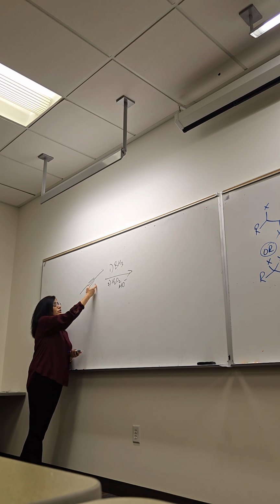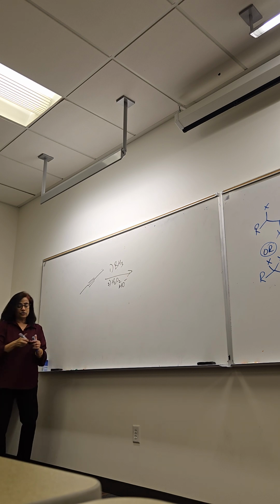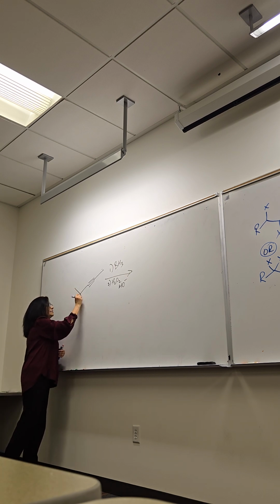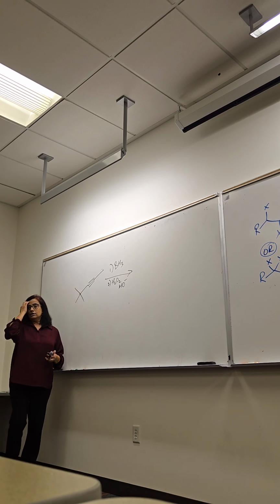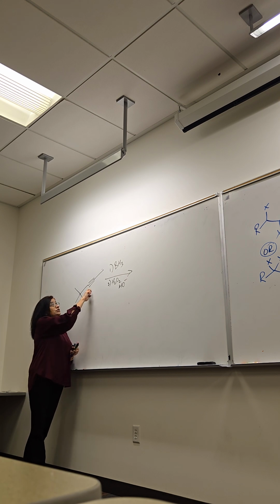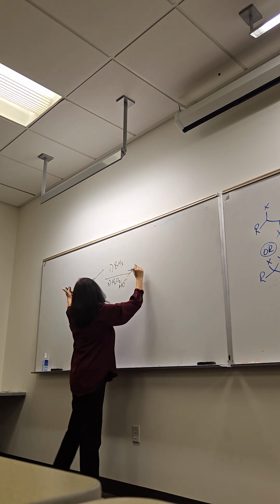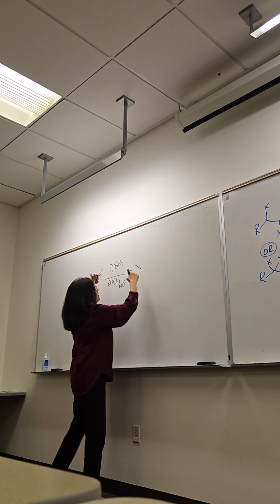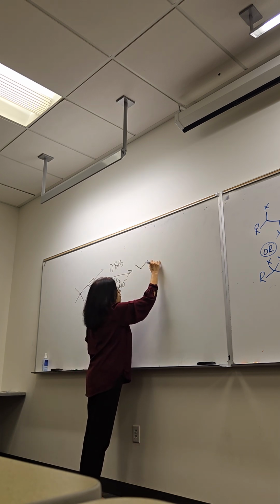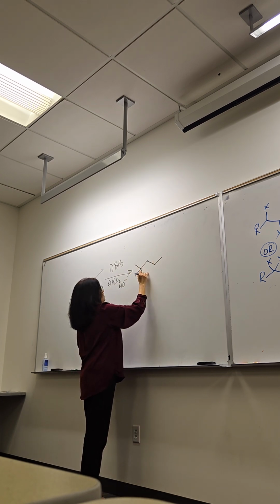Well, it can go here or there. You might be like, but it's symmetrical. Yes, you're right, it's symmetrical. Okay, let's make it unsymmetrical. Does that change anything? OH can go here, but can't OH also go there? If the OH went here, let's say, this is an enol, right? 1, 2, 3, 4, 5. 1, 2, 3, 4, 5. 1, 2, 3.